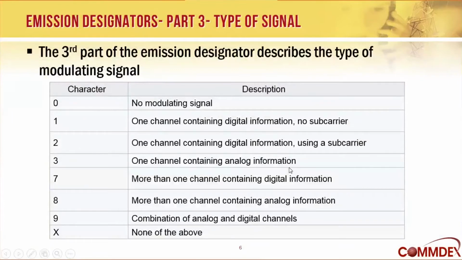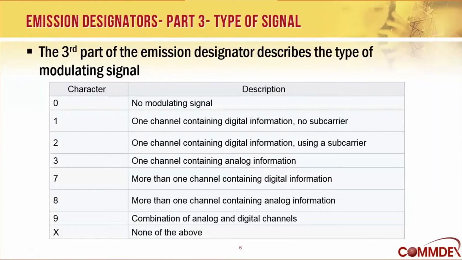So the third part of the emission designator tells us what type of signal it is. Does it have a modulating signal at all, or is it a dead carrier? If it's a dead carrier, the symbol is 0. We talked about TDMA and FDMA. So you'll have a different type of signal, whether it's carrying one channel of information or more than one channel of information.